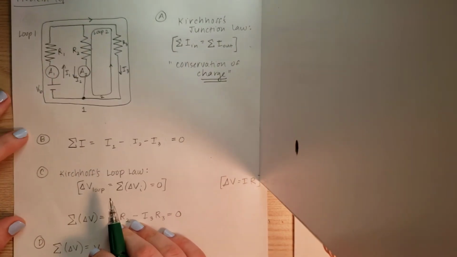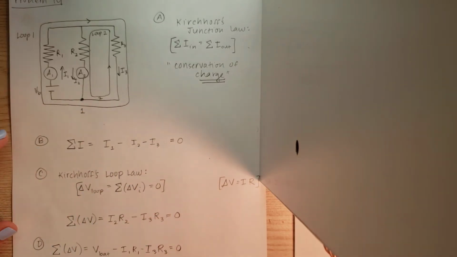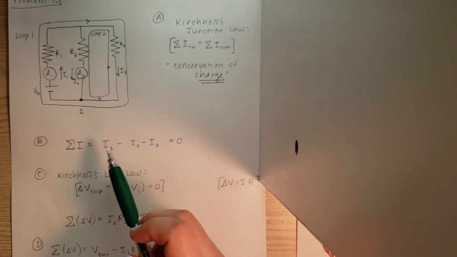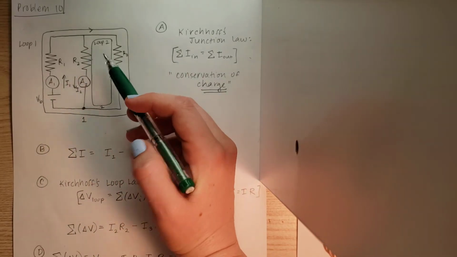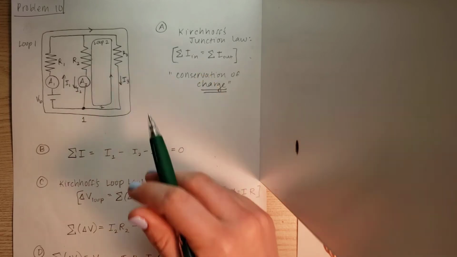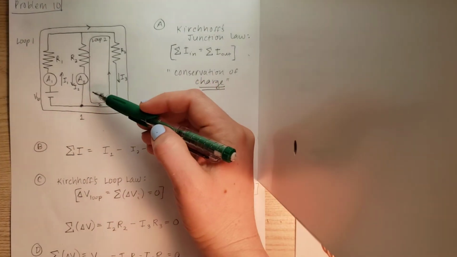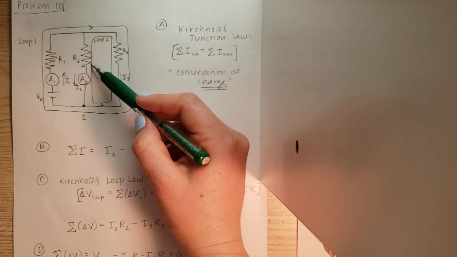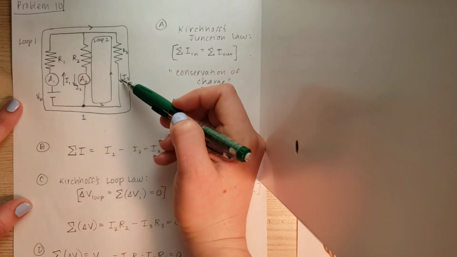And then Kirchhoff's loop law basically just states that the sum of all the potential differences encountered while moving around a loop in a closed path is going to be equal to 0. So if we're just talking about this loop 2, the only potential differences we're encountering here are from the first resistor and the second resistor.